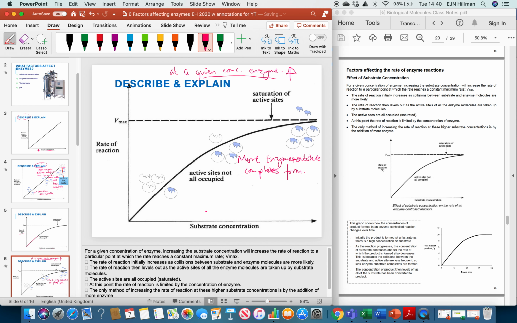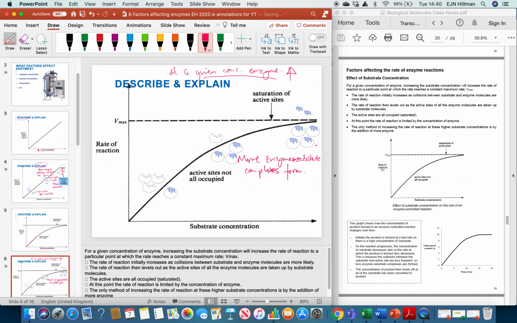Okay, so let's just reiterate that. Initially, there is a low rate of reaction as there are few substrates to form enzyme substrate complexes. As the substrate concentration increases, we get an increased rate of enzyme substrate complexes forming, and the rate increases.